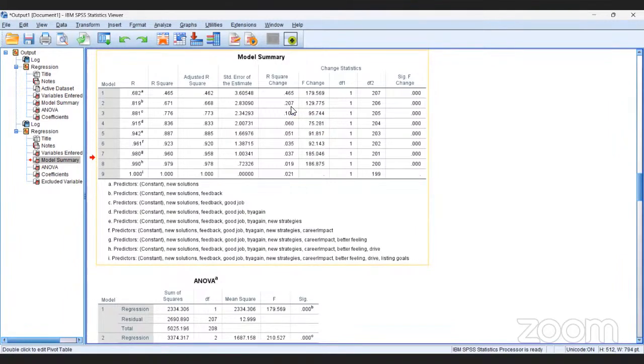Now you can find that the next variable is C. This C means new solution, feedback, and good job. So gradually you will find that R² is changing. And whether this is significant? Yes, this change is also significant. And this is the DF value, and this is the significance of change.